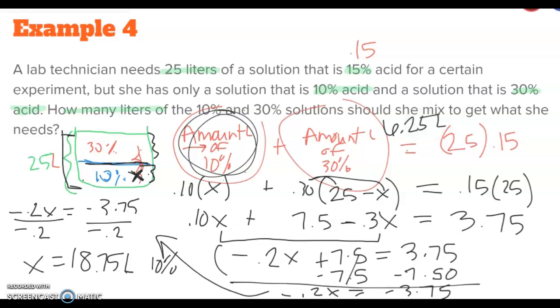So when I add those up, here's that answer and here's that answer, and that will give me 25 liters of a 15% solution.